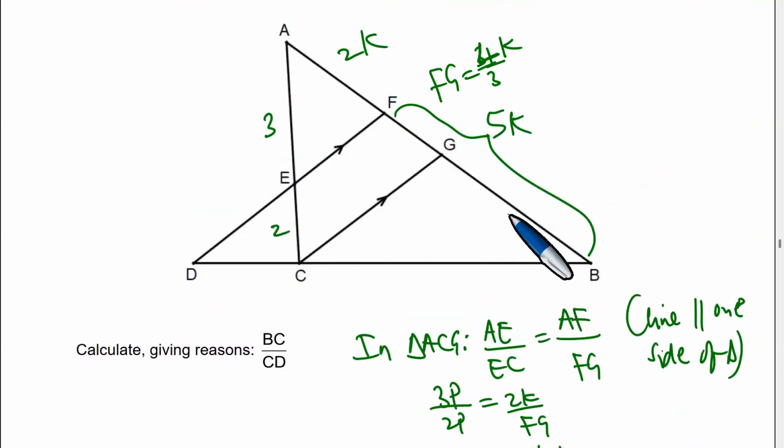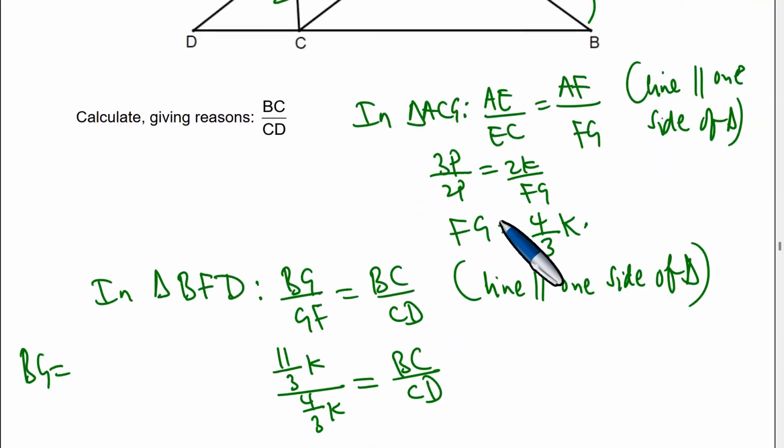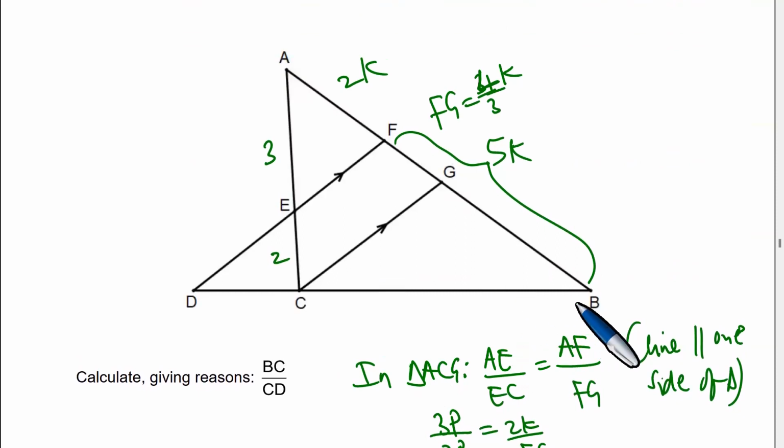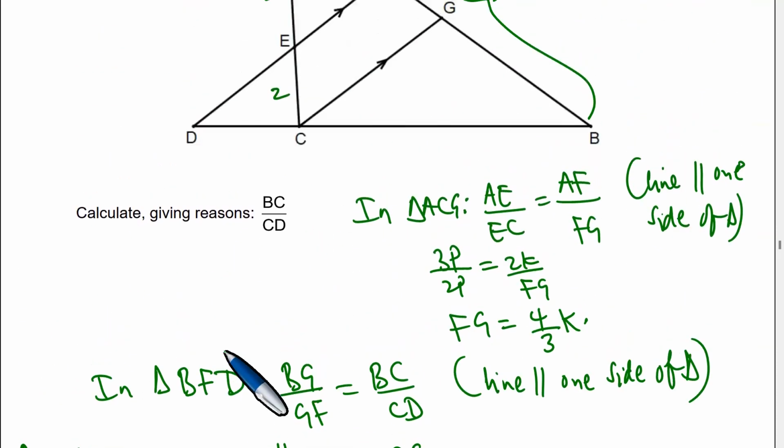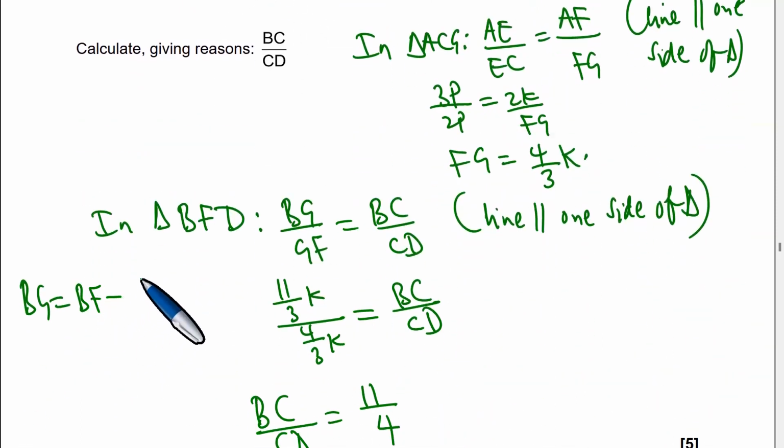So BG is going to be, I'm sure you can see that. BG is like BF. Just write the obvious step: it's BF minus FG. Minus FG, which means BG becomes BF.